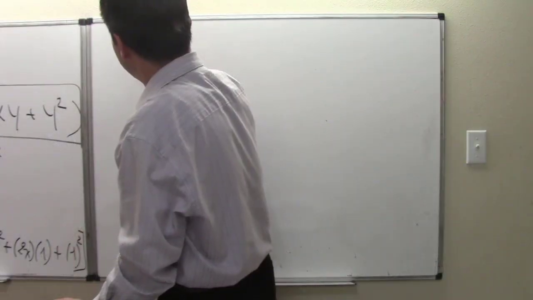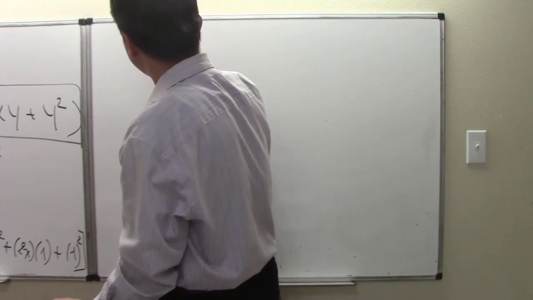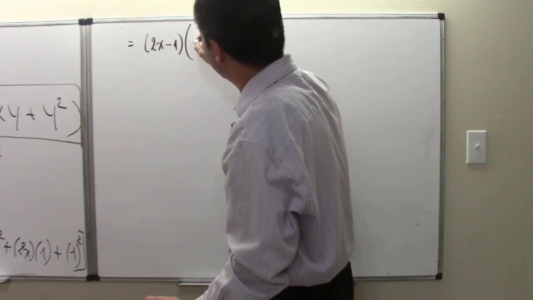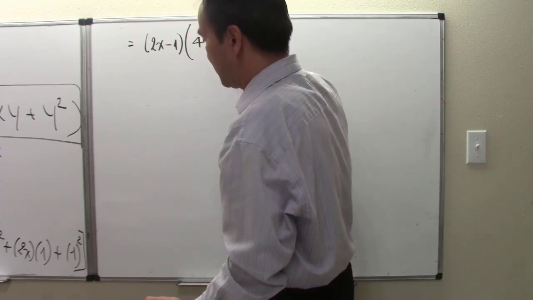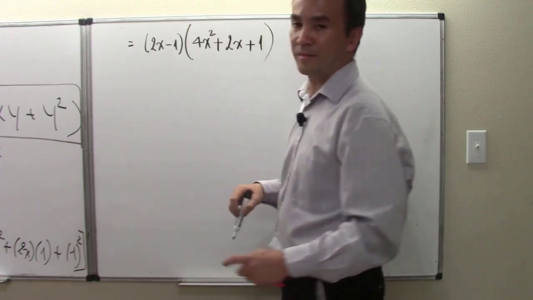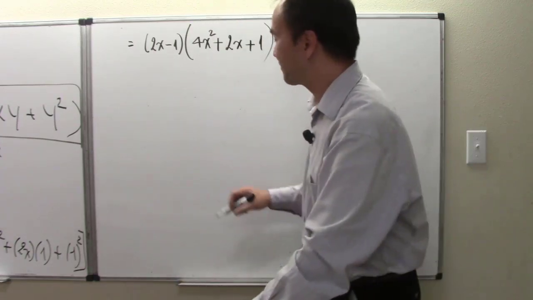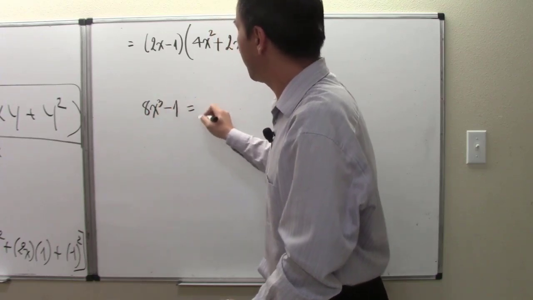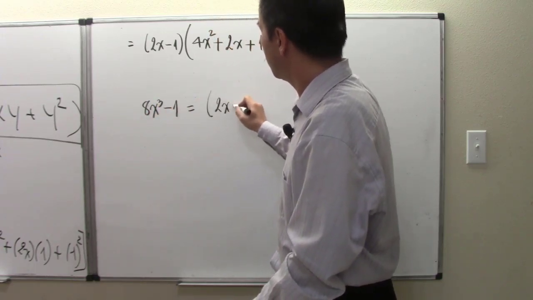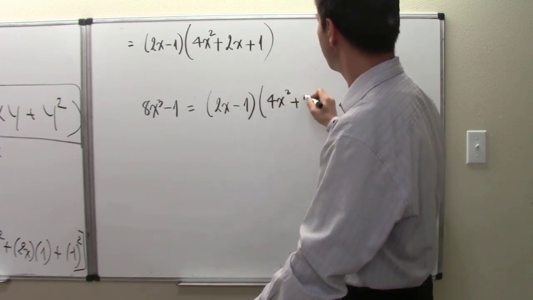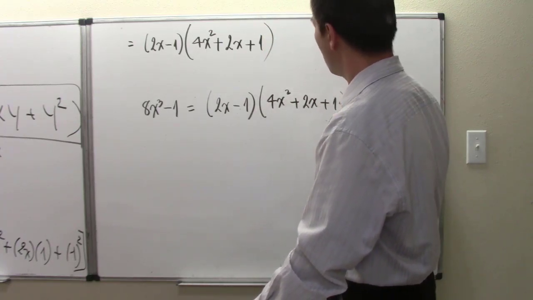And so in our next step, 2x minus 1 is one factor. The other factor we have is going to be 4x squared plus 2x plus 1. And so as a conclusion, 8x cubed minus 1 is factored into 2x minus 1 times 4x squared plus 2x plus 1.